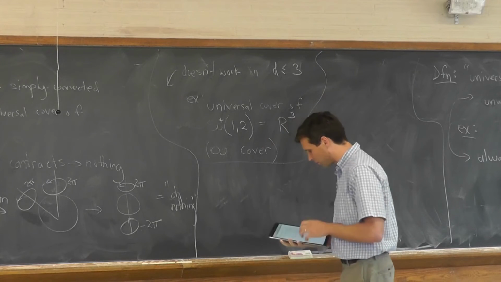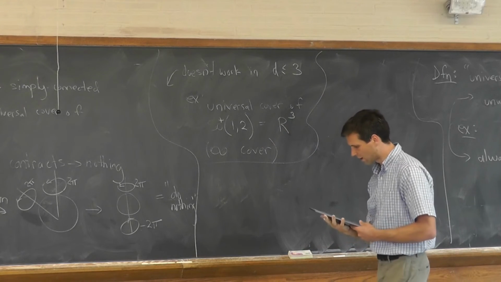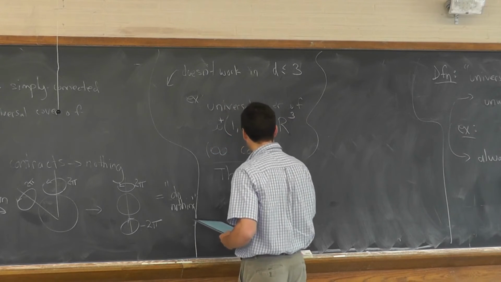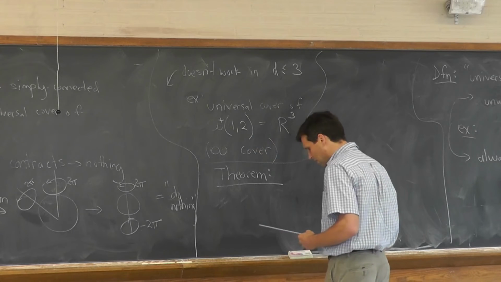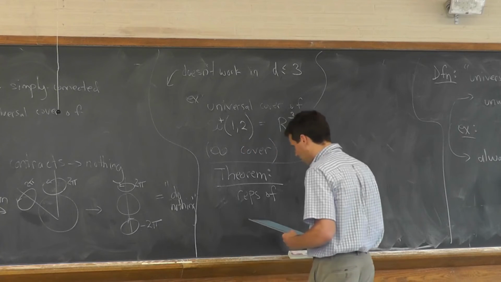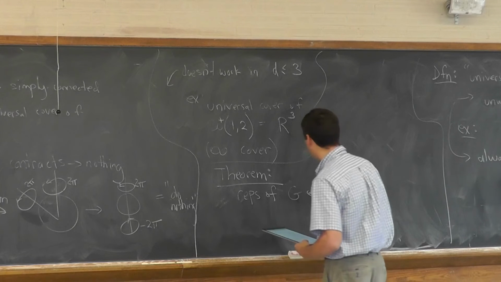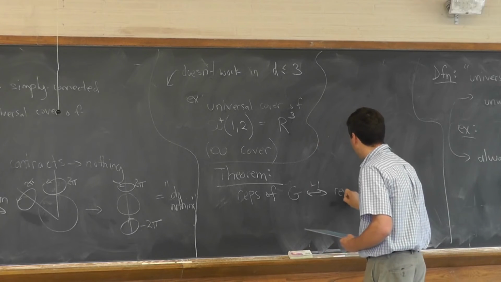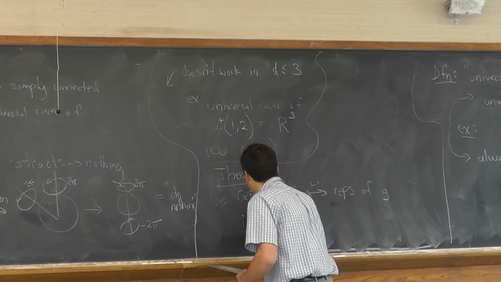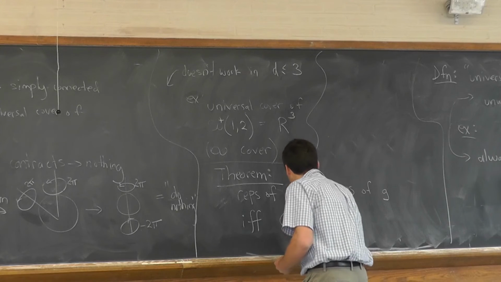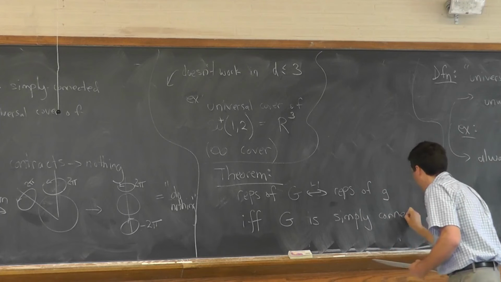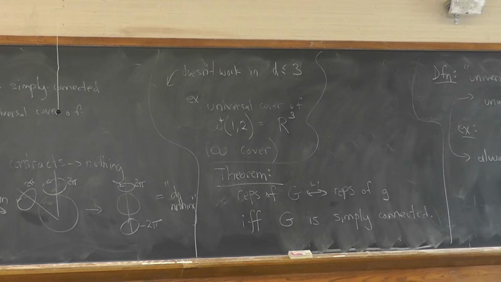Let me conclude this aside with one more theorem, which I've more or less said now, but I want to state it precisely: the reps of G are in one-to-one correspondence with the reps of little g if and only if G is a simply connected group.